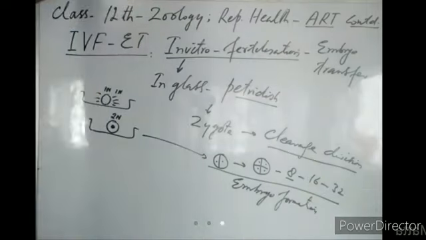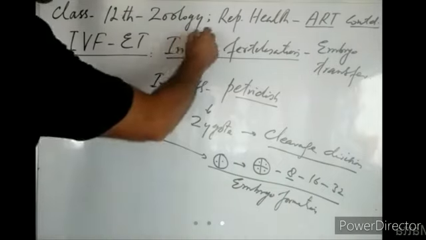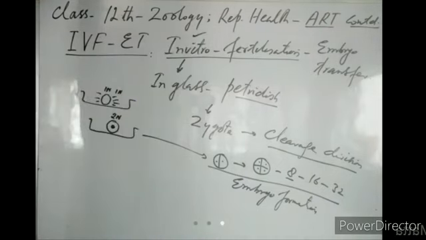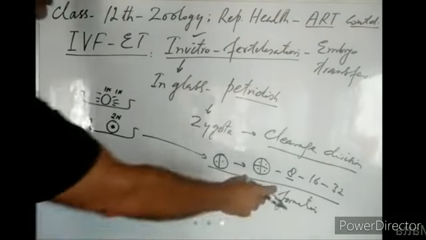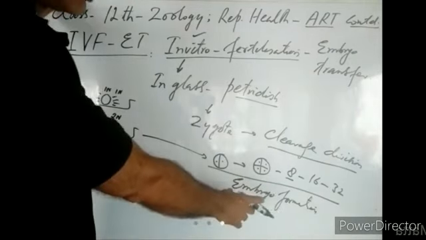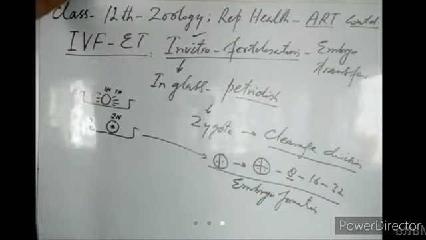So this technique of fertilizing the ovum by sperm inside a glass petri dish is known as in vitro fertilization. Then this embryo is transferred into the body of a female, right?